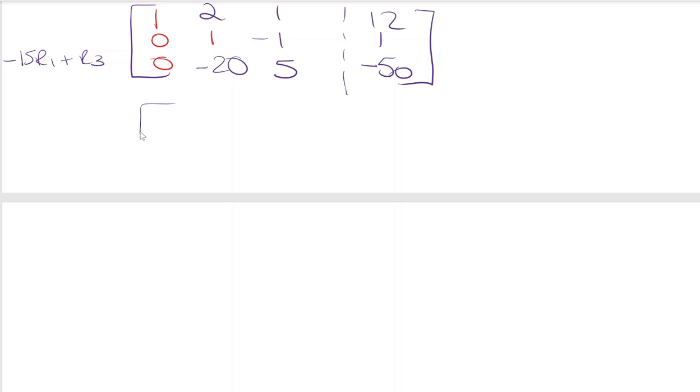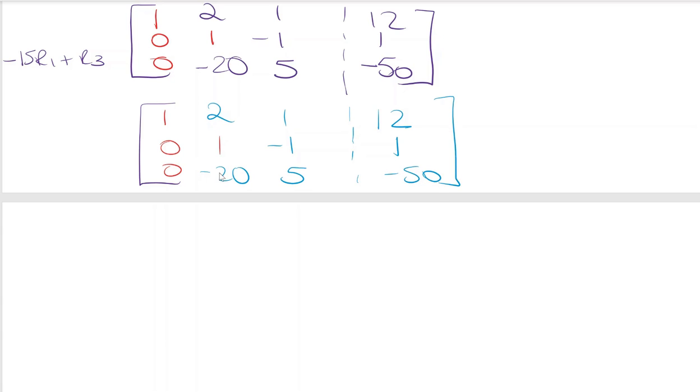So let's rewrite out our matrix again. So we have 1, 0, 0, and 1. And 2, 1, 12. Minus 1, 1. And minus 20 and minus 50. So what can we do to make this minus 20 a 1?